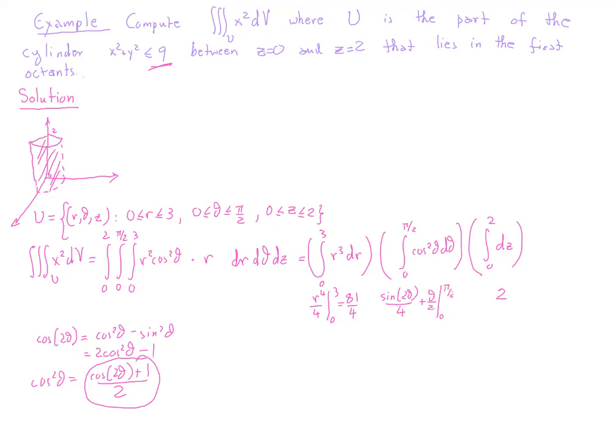And here's the interesting thing that happens. If you plug in 0 into sine of 2 theta, you get sine of 0, which is 0, right? So nothing much here. If you plug in pi over 2, then you get sine of pi, which is again 0. So the sine of 2 theta over 4 doesn't contribute anything. And the only thing that you need is to compute theta over 2 from 0 to pi over 2.